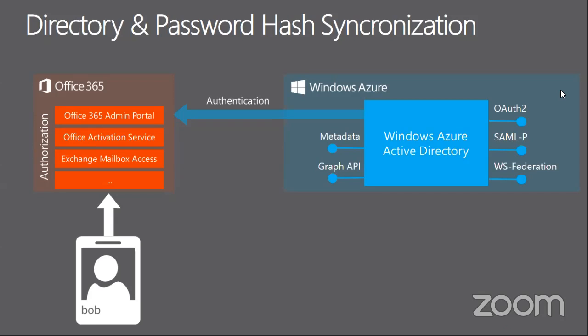And how exactly do we achieve that? It happens via the process of directory synchronization. Because the users have the same set of identities both on-prem and in cloud, they don't have to re-enter their user credentials over and over again.